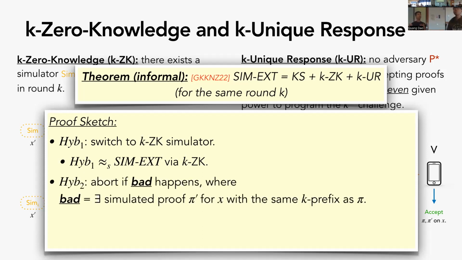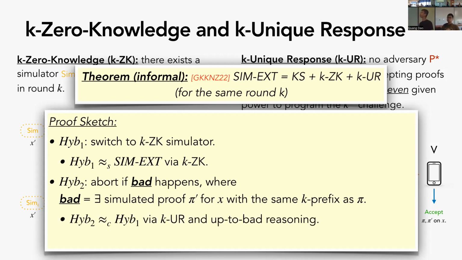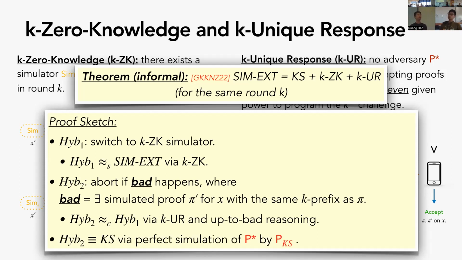In the second hybrid, we now have our bad event, where there exists a simulated proof that has the same K prefix as another. And here we appeal to the KUR notion. We show that these two hybrids are the same up to bad. And when this bad event happens, we can build a KUR adversary. And finally, we can show that once we condition on that not happening, then we can perfectly simulate the SIM-EXT adversary by the knowledge soundness adversary. And thereby we reduce to the knowledge soundness game.